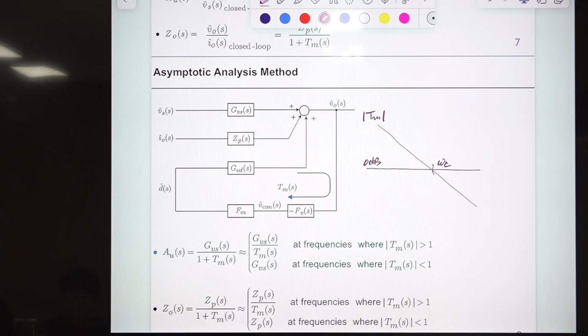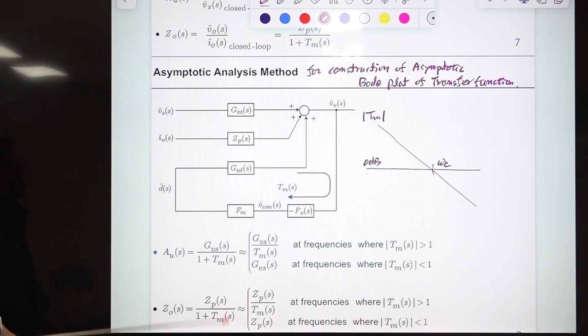The purpose of this is the construction of asymptotic Bode plots of transfer functions. We'll understand this later.